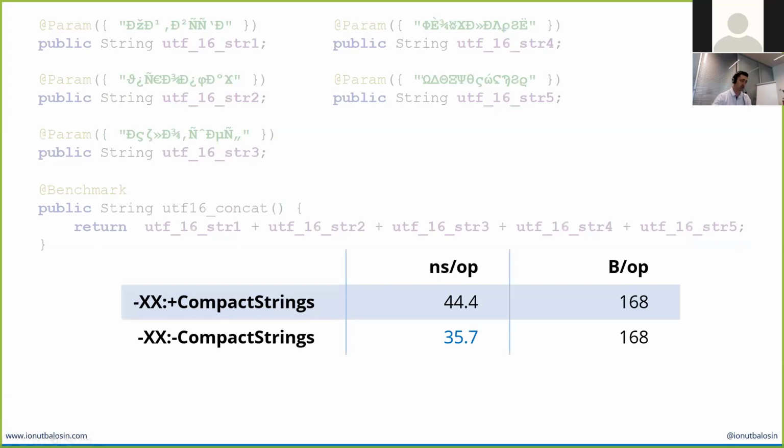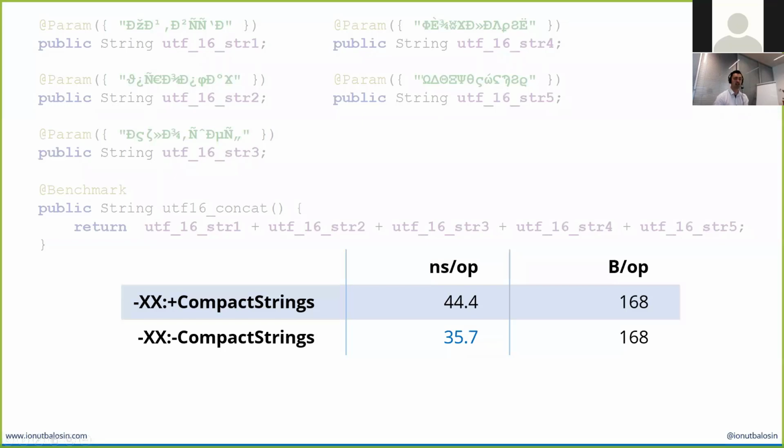Compact strings is the default, and if you want to disable it, you have to specify the JVM flag minus compact strings. What I found is that with compact strings, the number of nanoseconds per operation was higher, which means that in this case it was better from a performance standpoint to disable the default compact strings feature.